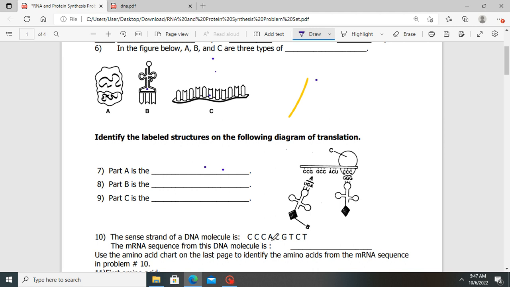The next sequence on the messenger RNA is going to be U, G, C. The U is uracil, then G, then C. So you have the first one as glycine.